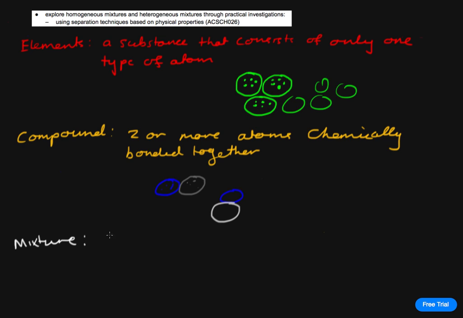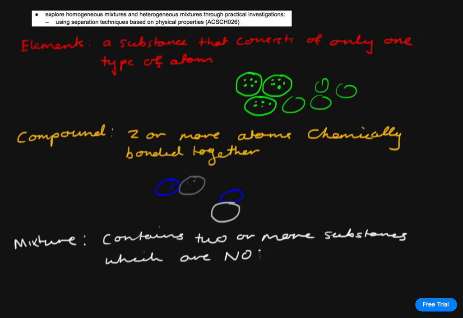So, let's write our definition. A mixture, we'll say, contains two or more substances which are not chemically bonded.